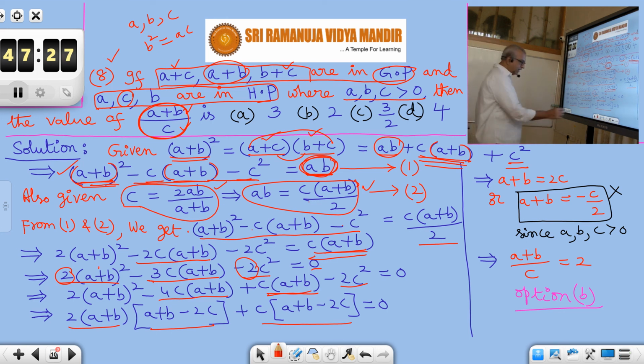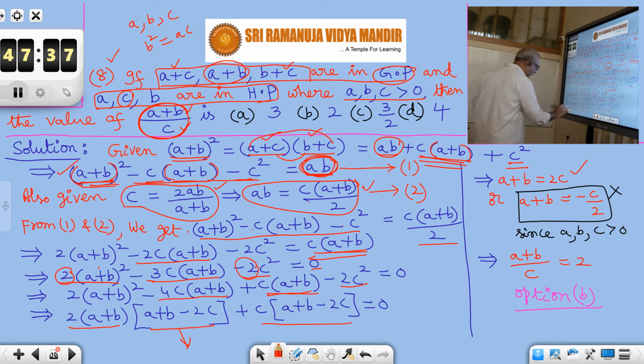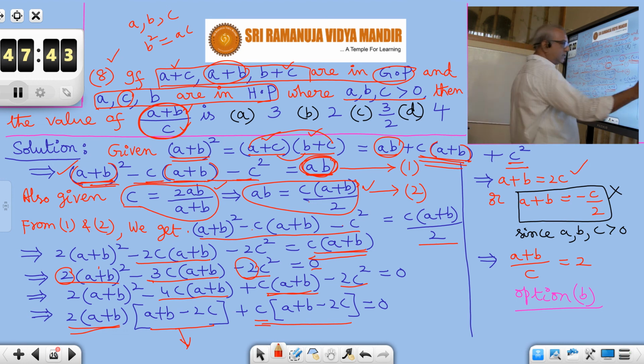So from this I get what? Either A plus B minus 2C is equal to 0, that means A plus B is equal to 2C, or 2 into (A plus B) plus C is equal to 0, that means A plus B is equal to minus C by 2. But the second one is not possible.